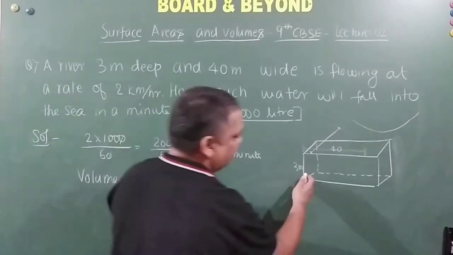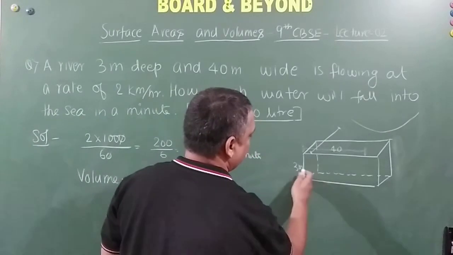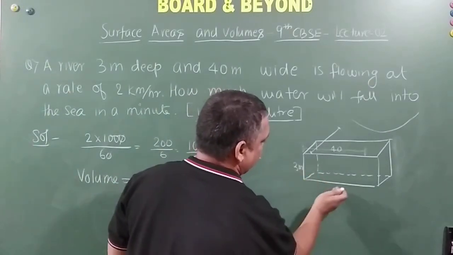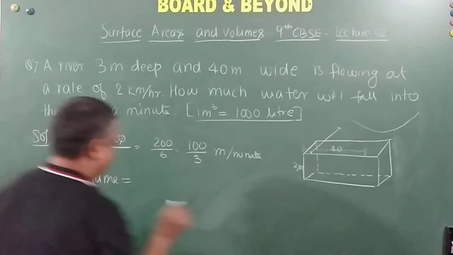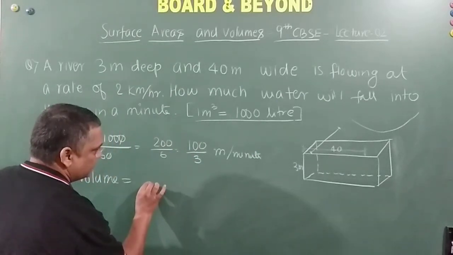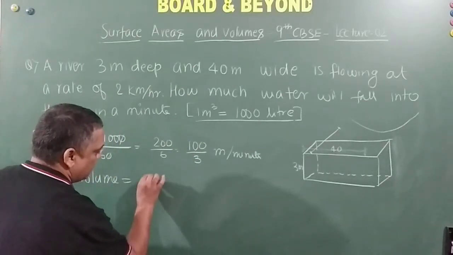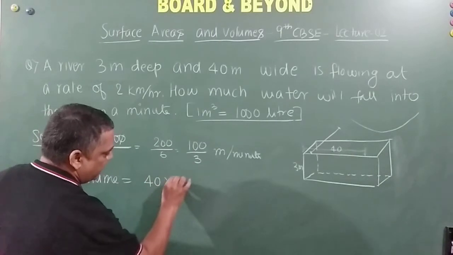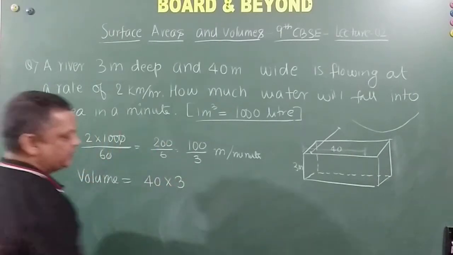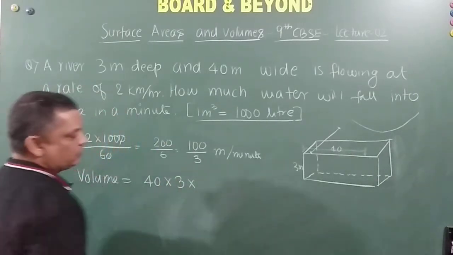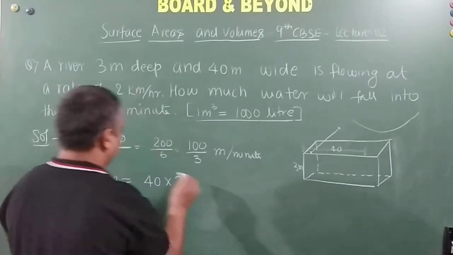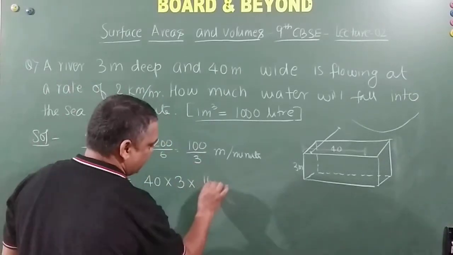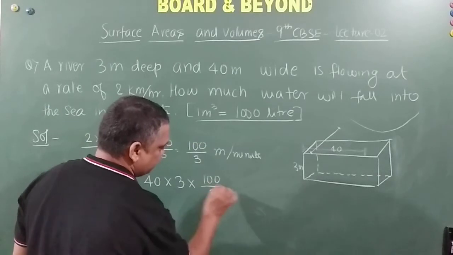So volume for this will be equal to length into width 40 meter into deep 3 meter into, for 1 minute I am calculating, so 100 by 3, right, in a minute.